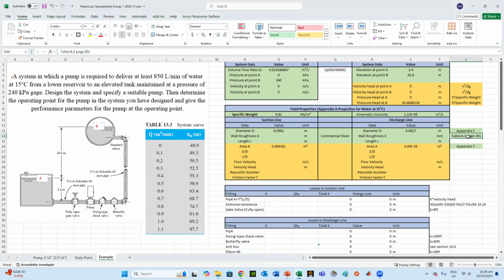So table A2 will provide me the roughness for commercial steel with the following value, 4.6 E minus 5. And that is because we're using the same commercial steel pipe, so it will be as well 4.6 E minus 5.